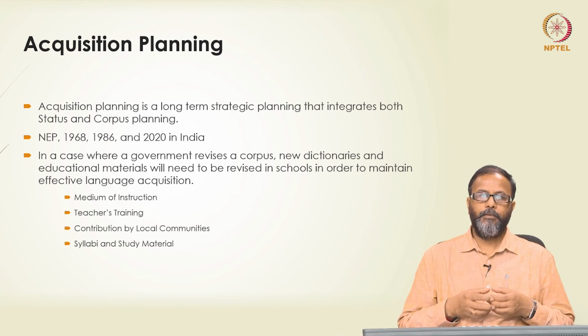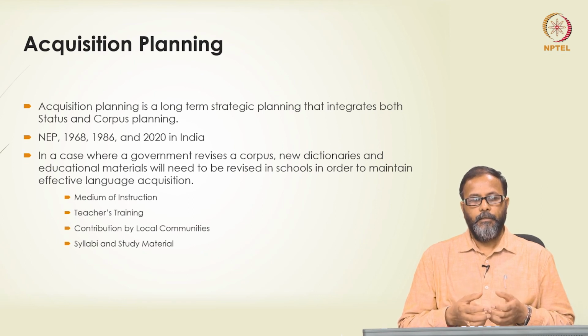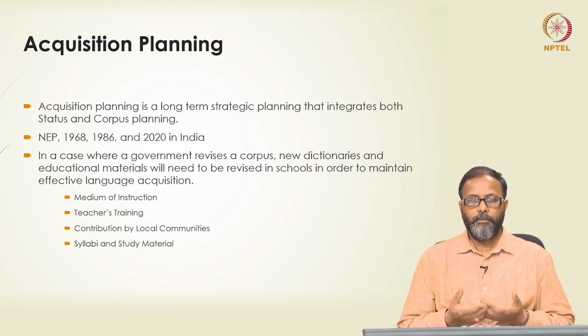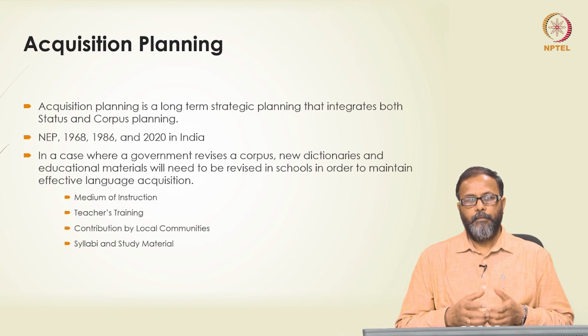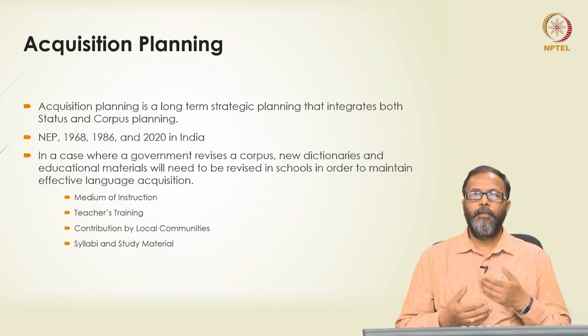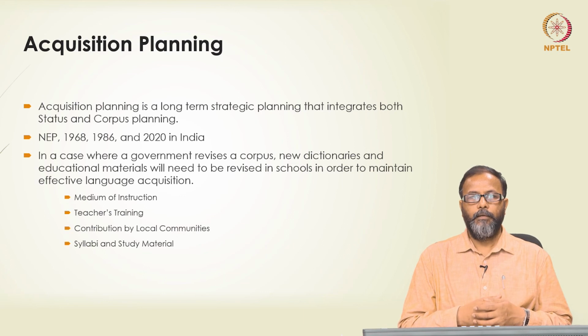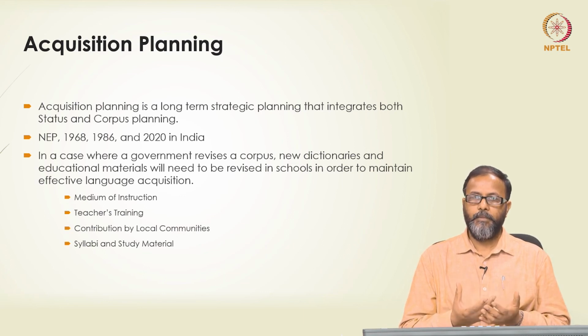The vocabulary needs to be modified. New dictionaries need to be created, right? The spelling books need to be created. A user manual needs to be created as a reference point to maintain uniformity and standard form. And these experts help create a lot of reference material and literature for this.